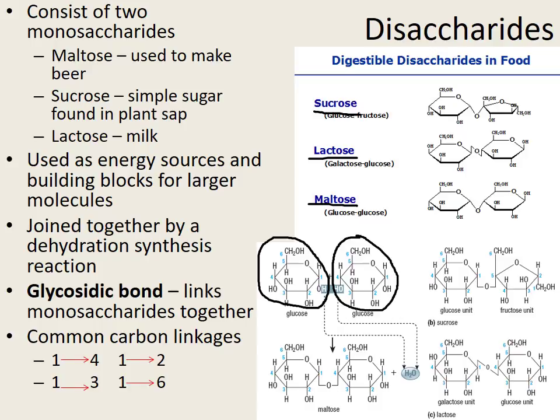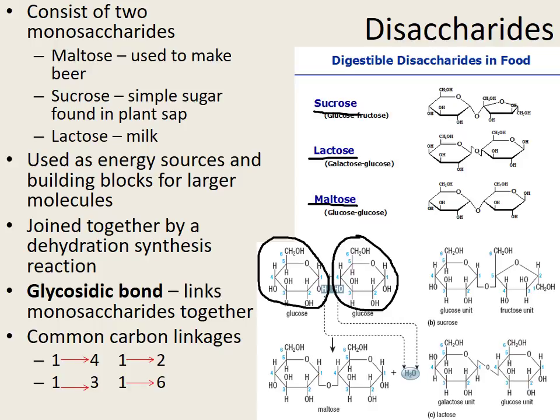Taking a look at these 2 monosaccharides and having them form together, notice the 1 carbon of one of the glucose molecules serves as the reaction center. That's very important. Here, the reaction is taking place between the number 1 carbon of the first glucose molecule and the number 4 carbon of the second glucose molecule.